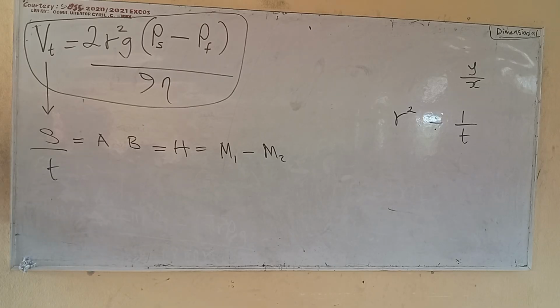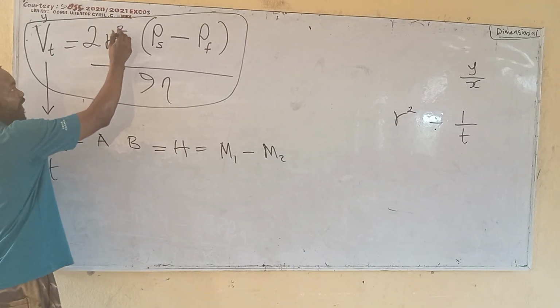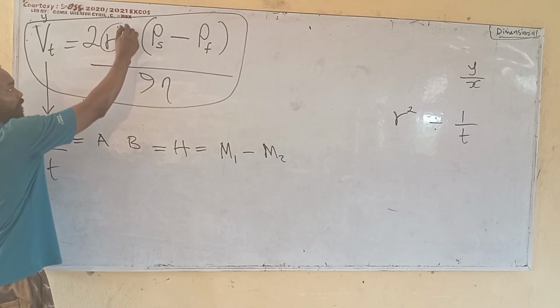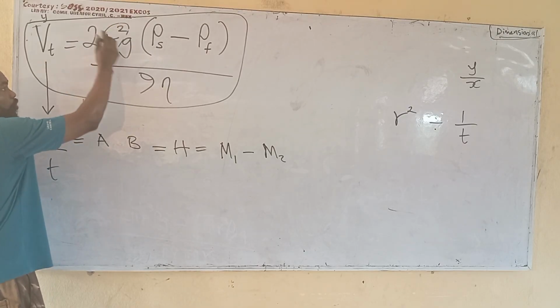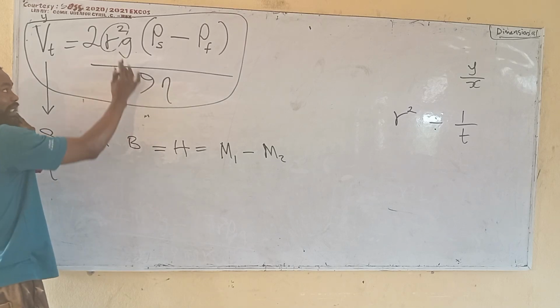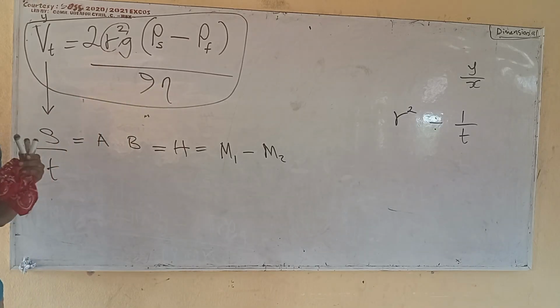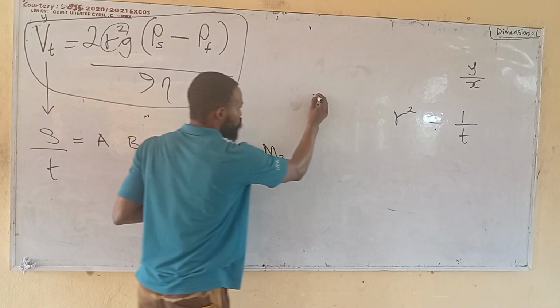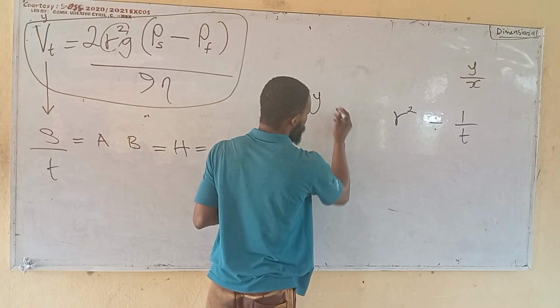So we need to first of all set this up. Using this, it simply means this is supposed to be our y, normally. And if I remove r squared, 2g and everything here is supposed to be my m, and r squared is supposed to be my x, if you remember. But since that is not how we are going about it, we'll see what we do.